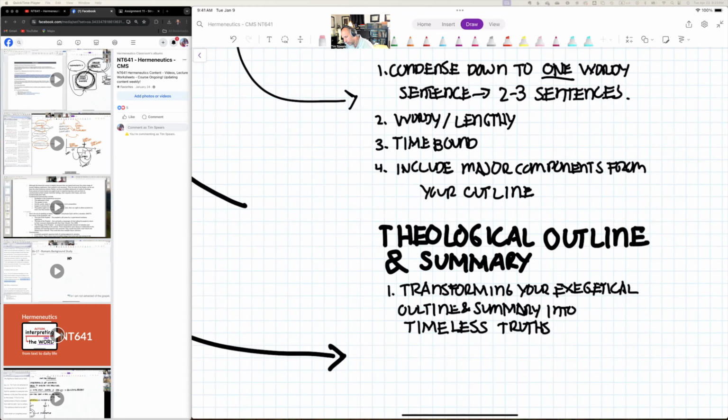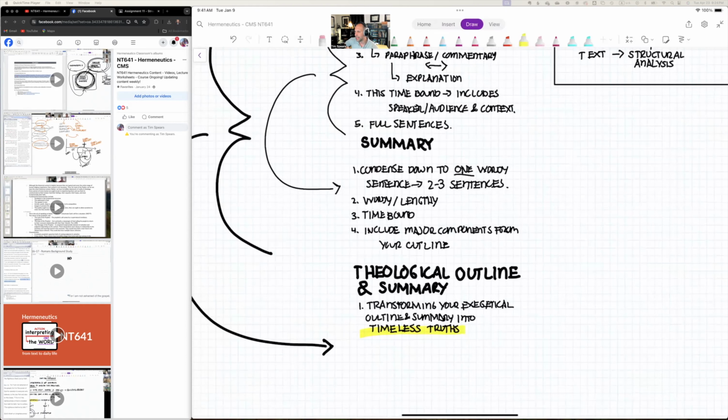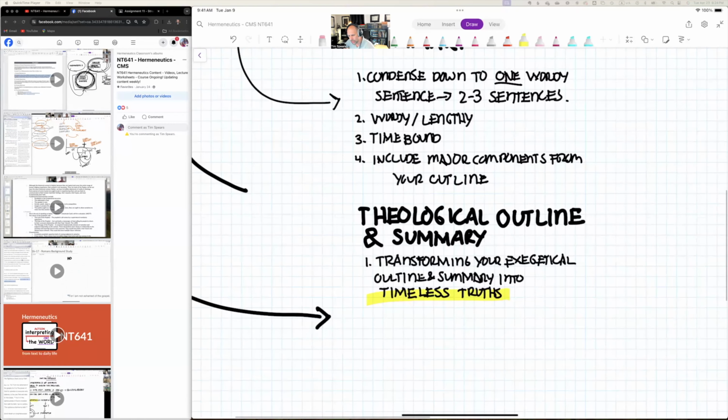If it doesn't make sense, that's the big idea. It's the exact same thing, only now it's timeless truths. When you convert this to a timeless truth, these should be more eternal.